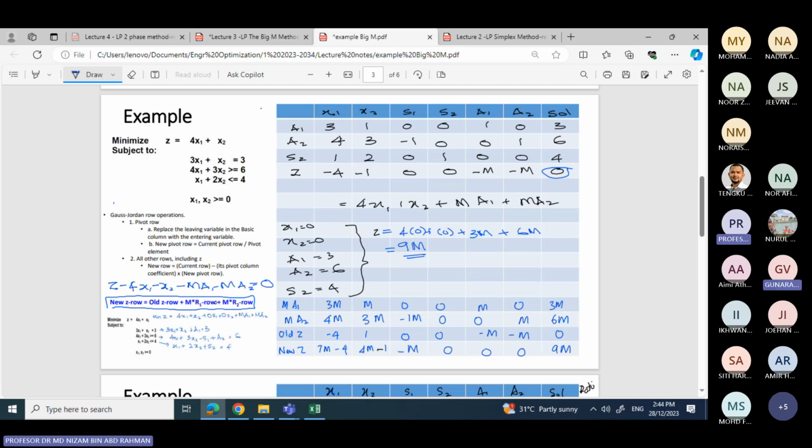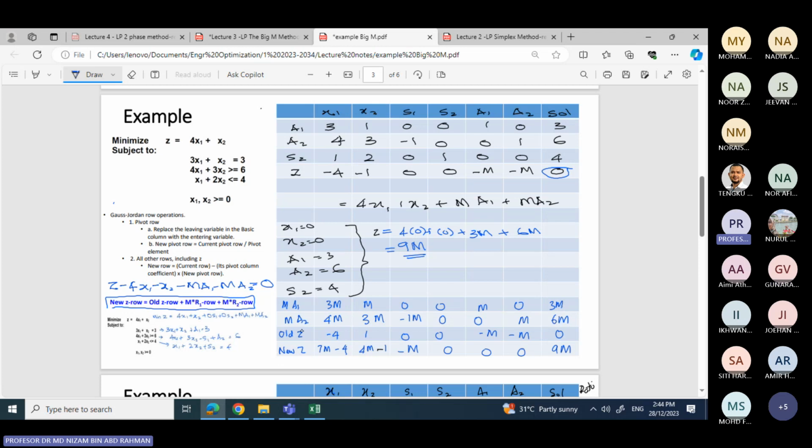So r is basically artificial variable 1, which is a1, right? So m times a1 equals 3m, m, 0, 0, m, 3m. And accordingly, for the a2 row, it becomes 4m, 3m, minus m, 0, 0, m, 6m.